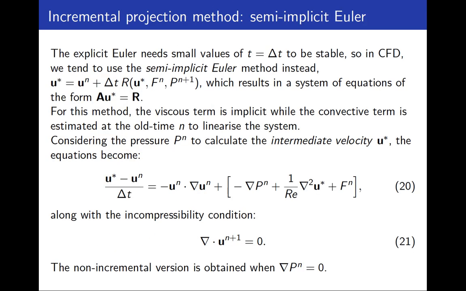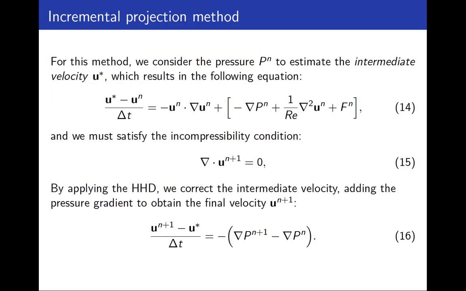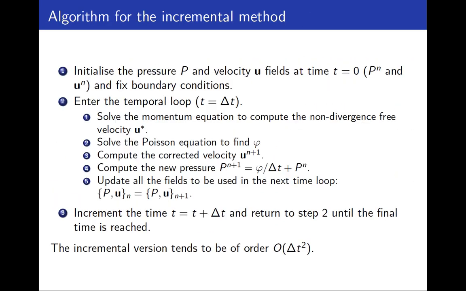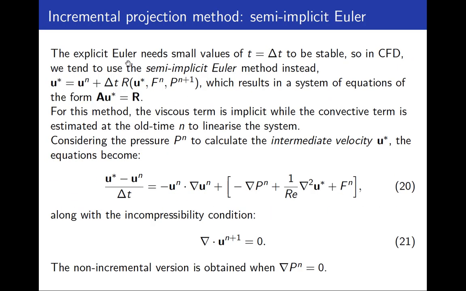And now I would also like to explain a bit about the semi-implicit Euler. So the explicit Euler, which is the temporal discretization method that we described here, as I was saying before, needs small values of delta t to be stable.